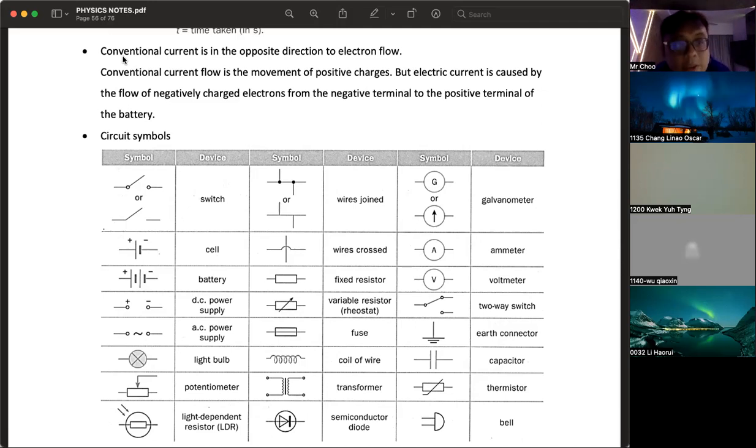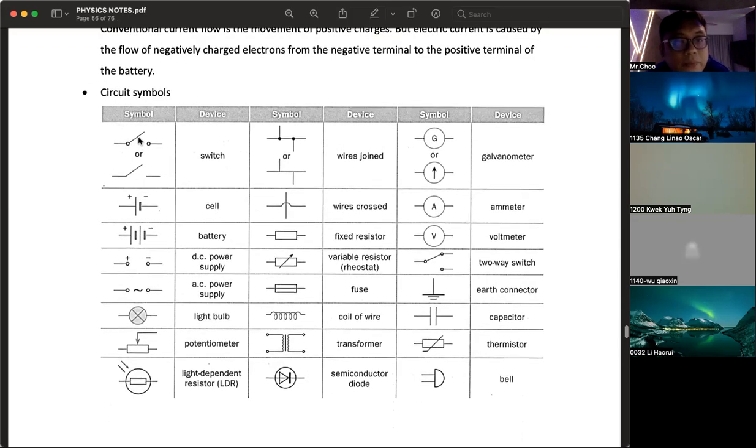Now, circuit symbols. Switch, I think all of you have no problem, right? Switch, cell. The plus and minus is not important. The long line is always a plus. The short line is always the minus. These four things here are called the source.